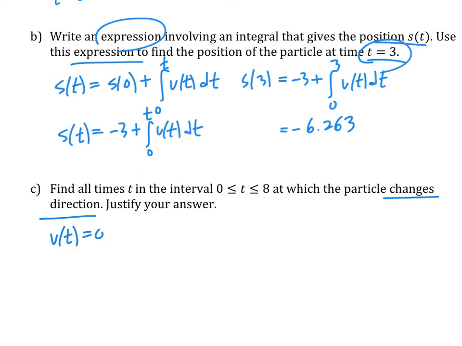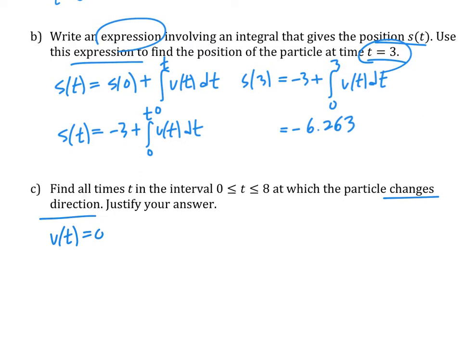Not only so, it has to change direction. It can't just stop momentarily and then continue going in the same direction. Like, let's say something was falling and it stopped for a sec and it continues falling. It didn't change direction. So that would not work.